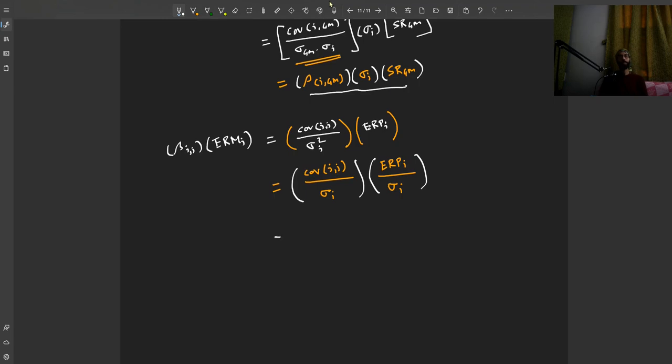Now this can again be rewritten as covariance of I with respect to I divided by variance of I, multiplied by the standard deviation of I. We have just multiplied the numerator by standard deviation of I and the denominator by standard deviation of I. This is what we have done. The expression remains the same, right?